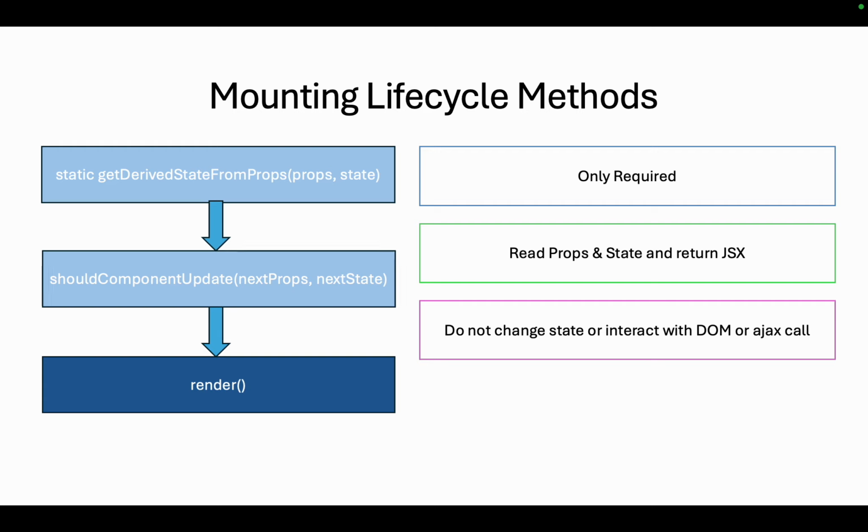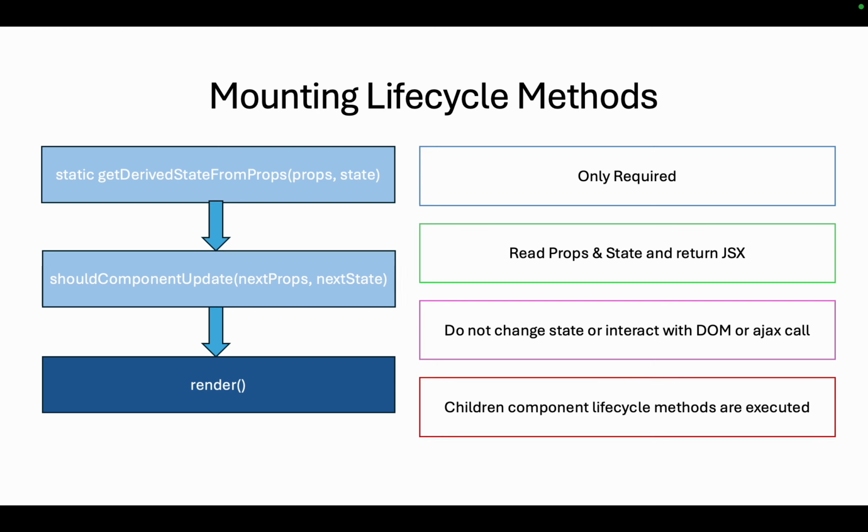It's really not recommended, and any Ajax, Axios or network call is not recommended here as well. As soon as this method is called, the control will go to the child components and try to execute the lifecycle methods of the child components.